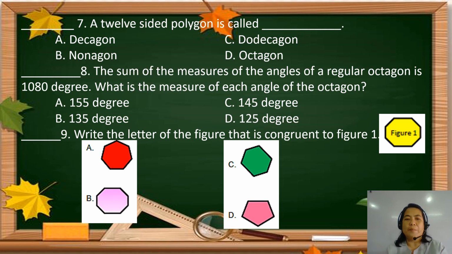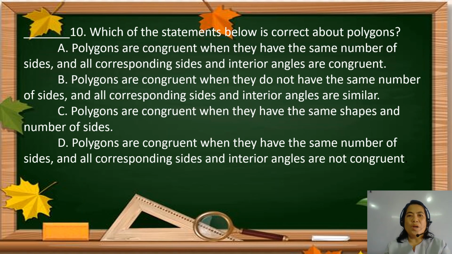For number 9, write the letter of the figure that is congruent to figure 1. So asa man ang congruent sa figure 1? Congruent is kanang the same or equal. Is it A, B, C, or D? Then write the letter on the blank. Question number 10. Which of the statements below is correct about polygons? A. Polygons are congruent when they have the same number of sides and all corresponding sides and interior angles are congruent.